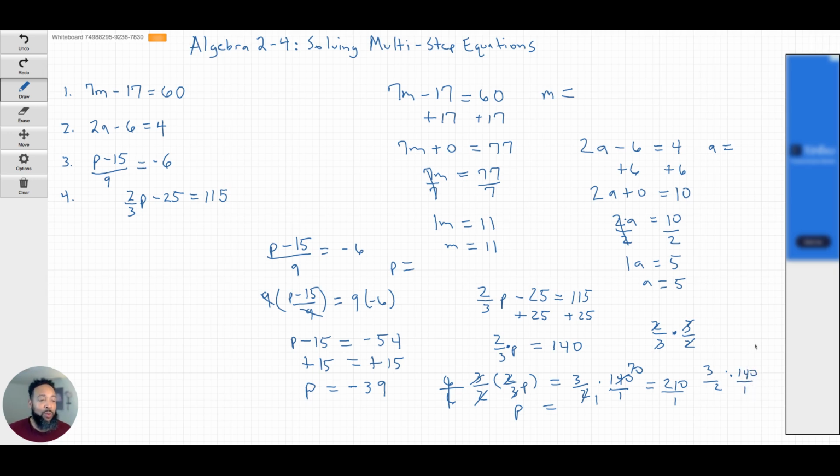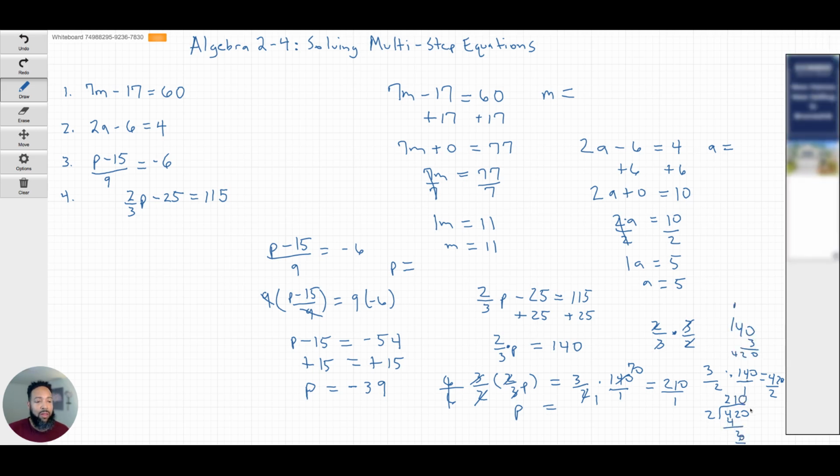So 3 times 140 will give you 420 over 2. And then you say 2 will go into 420. 2 goes into 4 2 times. 2 goes into 2 one time. And so that's how you would get your 210. So now we have p equals 210.